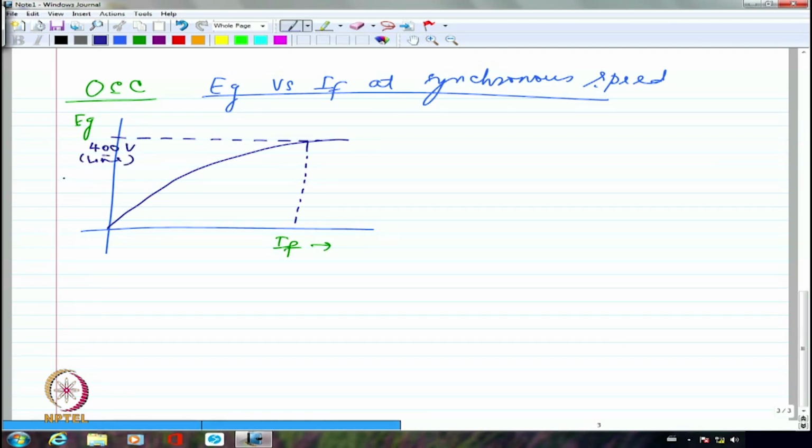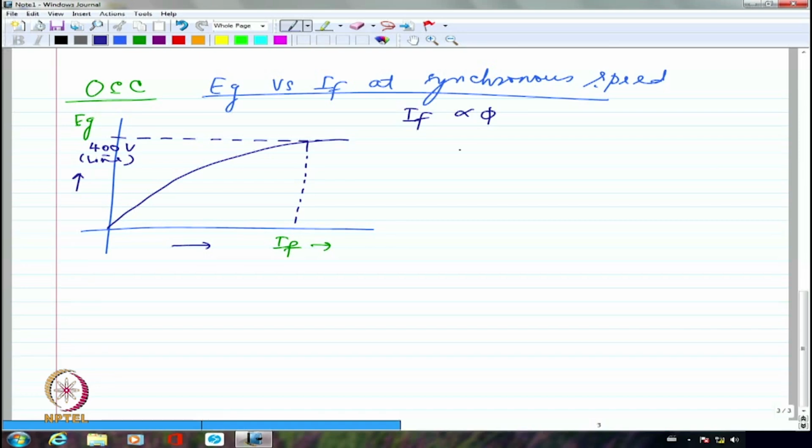This field current is generally termed the rated field current or rated excitation. I'm generally assuming that IF and flux are not really linearly related, but they are fairly linearly related until my operating point is arrived at. I will not operate it much beyond the saturation generally. I will try to operate it just before the saturation.